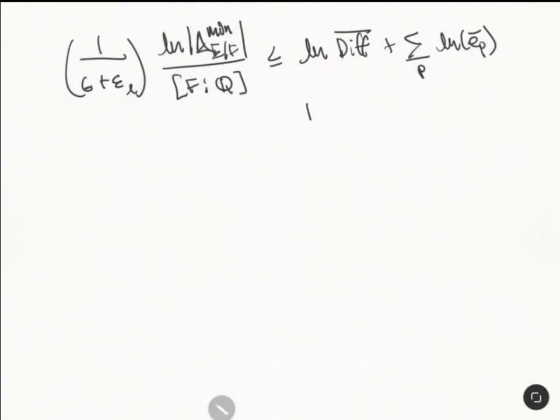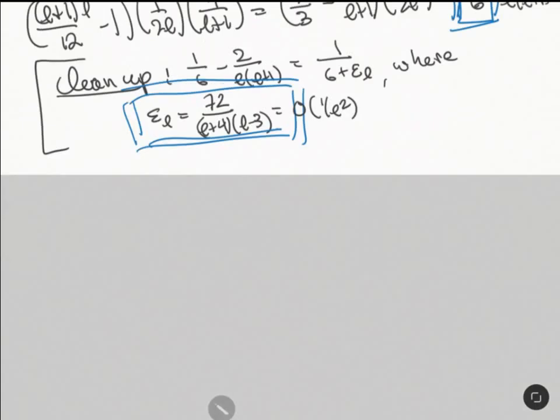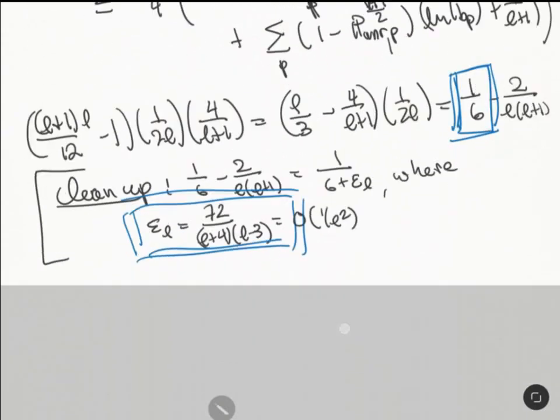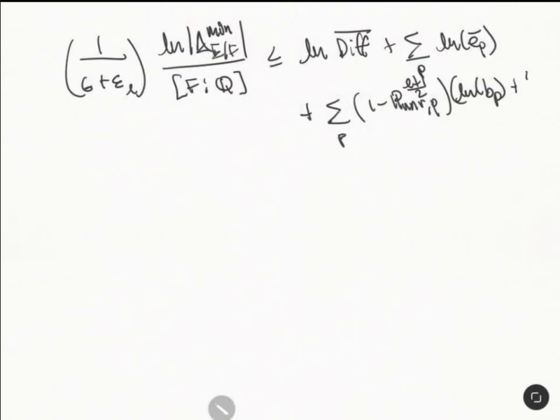some factors coming from some more ramification stuff. So all this stuff after this different term can really go away. You can fix it. And then this is natural log of BP plus 4 over L plus 1.